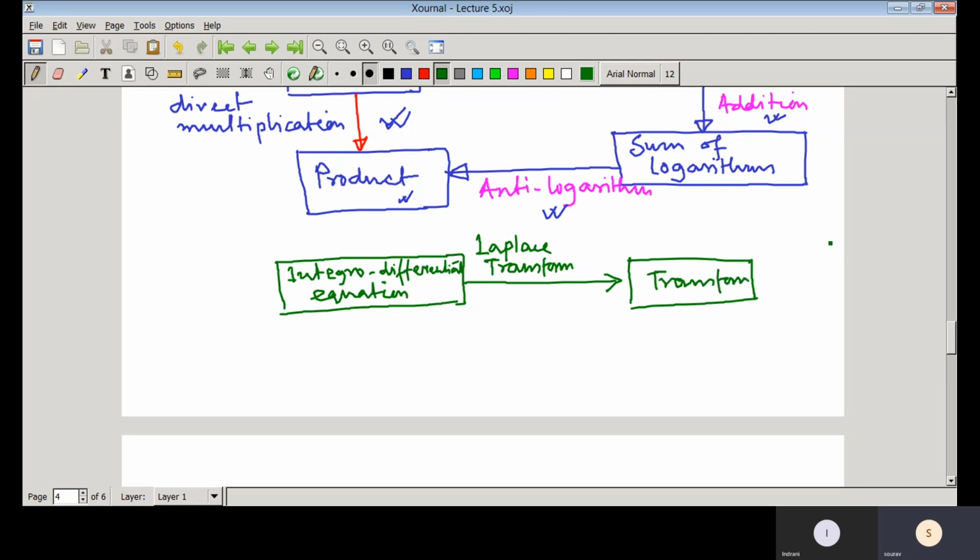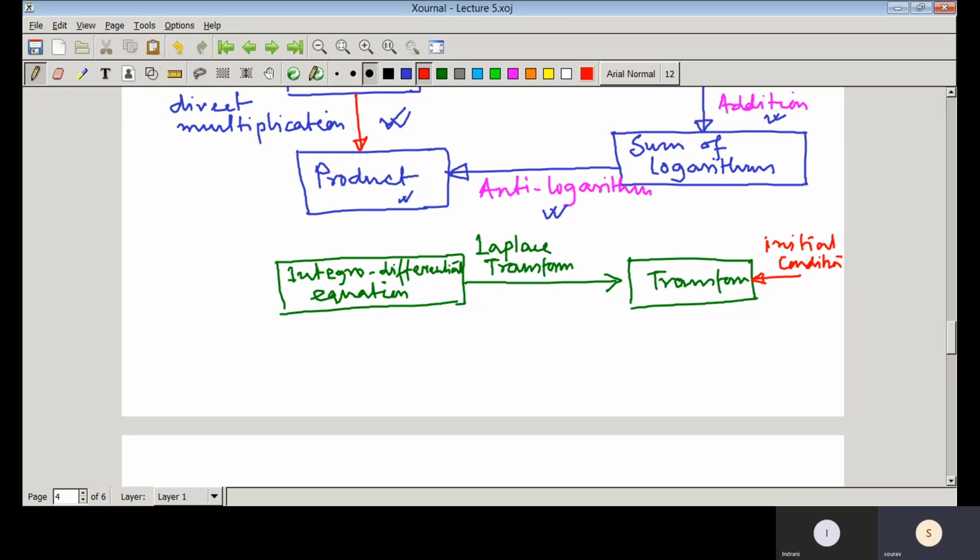Automatically the initial condition is included via this Laplace transform. That is one of the advantages of solving a differential equation using Laplace transform. You need not solve separately the homogeneous equation and the particular integral.